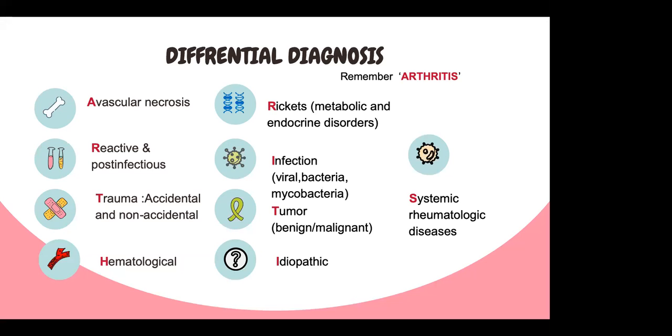R for rickets, metabolic, for example storage disease, and endocrine. I for idiopathic. T for tumor, benign or malignant. I for infection, such as viral, bacterial, mycobacterial, and S for systemic disease such as systemic lupus erythematosus, vasculitis, dermatomyositis, sarcoidosis, and many more.